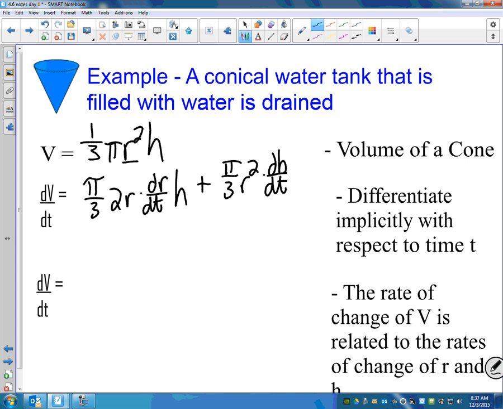You want to? You don't want to? I can factor an r. I can factor out an h. Pi r over 3, dh over dt.